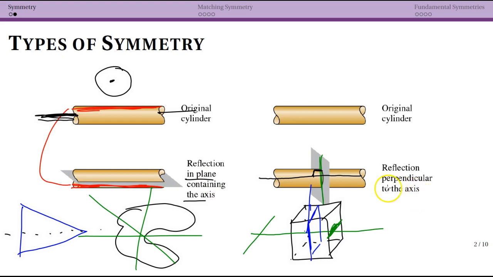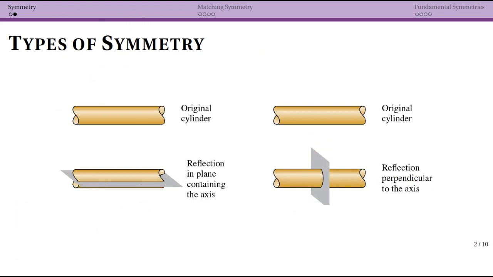And just like rotation, it could be any angle or it could be limited ones. So make sure you understand what these different terms mean and that you start to think when you look at an object, what type of symmetry does it have? Because we're going to be using this, and so if you don't know what the words mean or you aren't very good at looking at an object and thinking about its symmetries, you're really going to struggle in this topic.